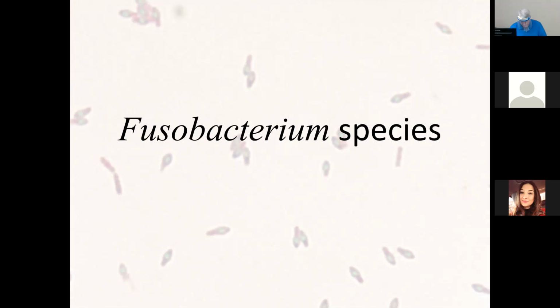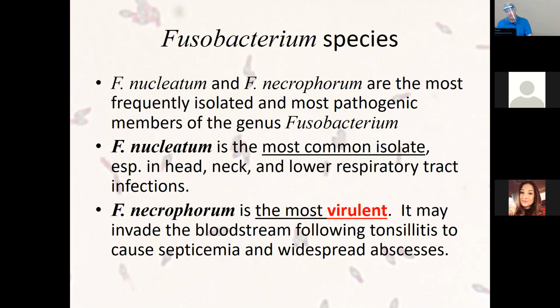This is Fusobacterium. Very long tapered rod, it says here on our little reference sheet. This is Fusobacterium nucleatum and Fusobacterium necrophorum, the most frequently isolated, most pathogenic members of the genus Fusobacterium.